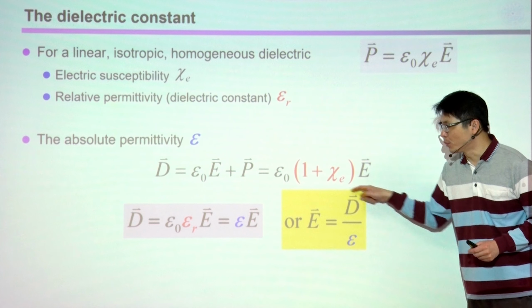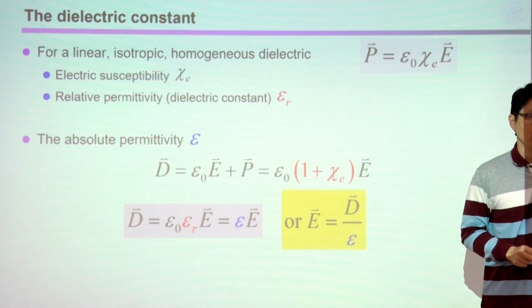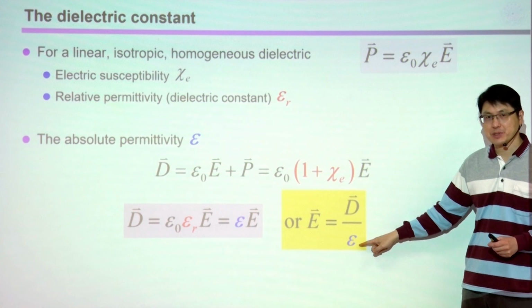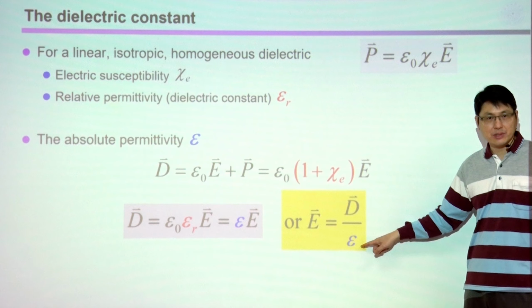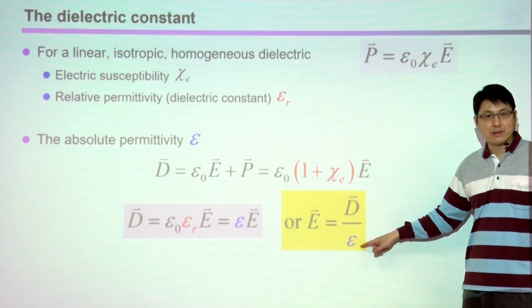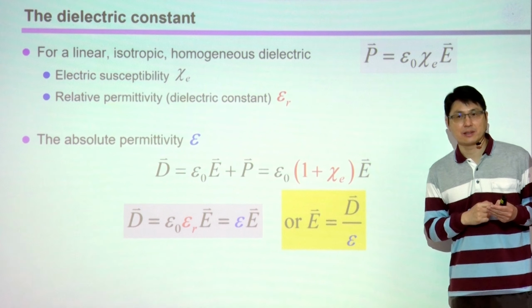So this is a more proper way to write down this formulation. Very high epsilon, you have lots and lots of electric dipoles, and making your resulting E field intensity weak.